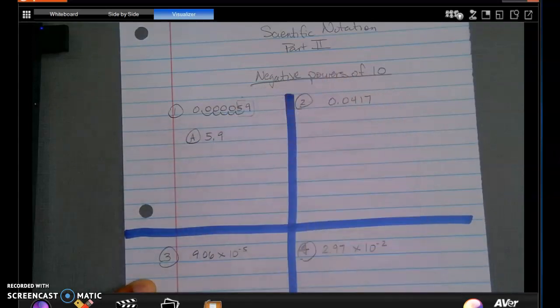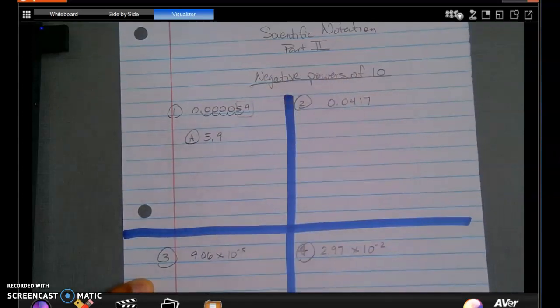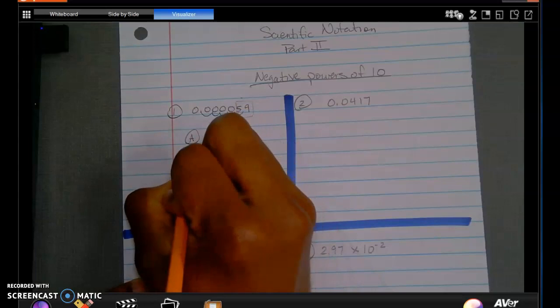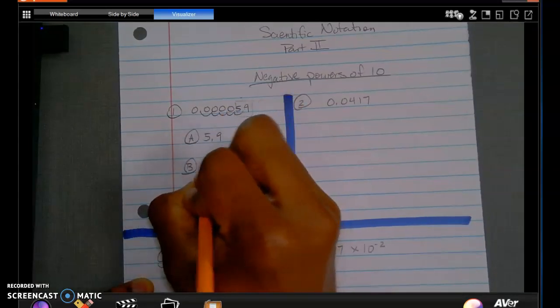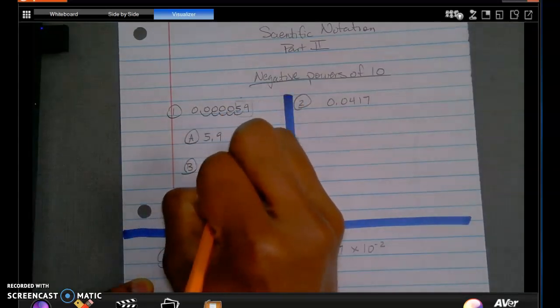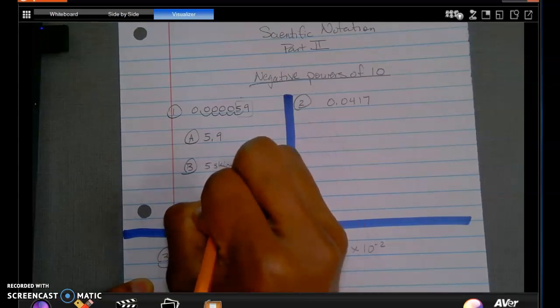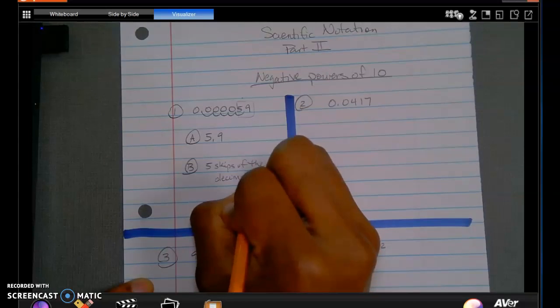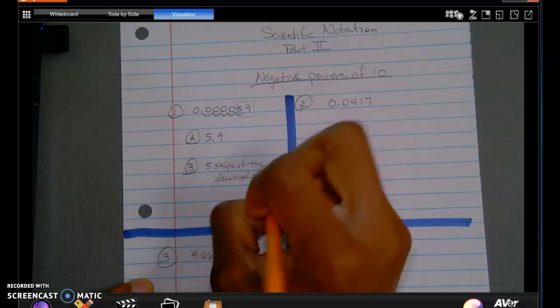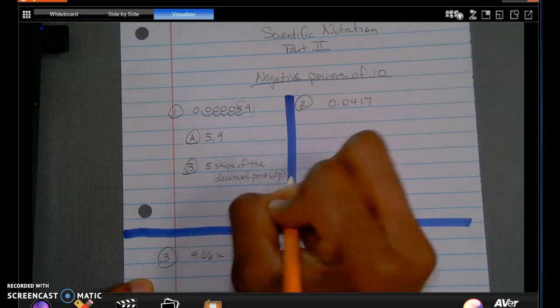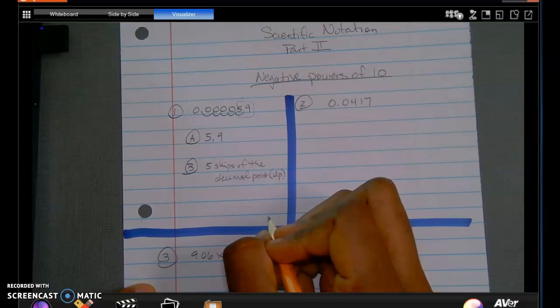Again, that number is greater than or equal to 1, but less than 10. Now, how many skips did I actually make? Okay, I made 5 skips of the decimal point. Going forward, I'm going to say that is the DP, okay?